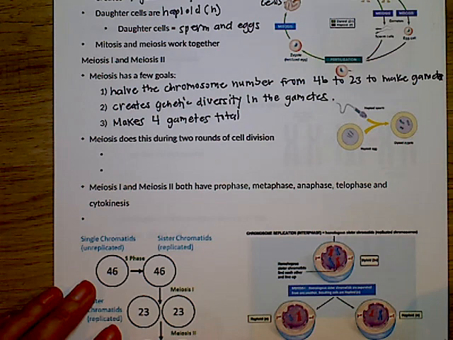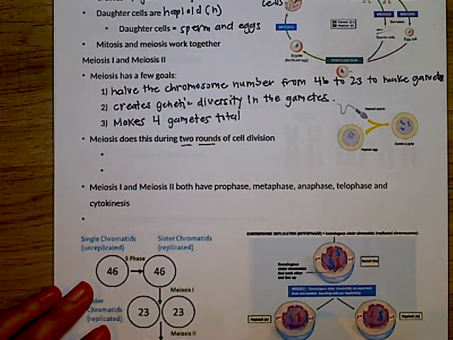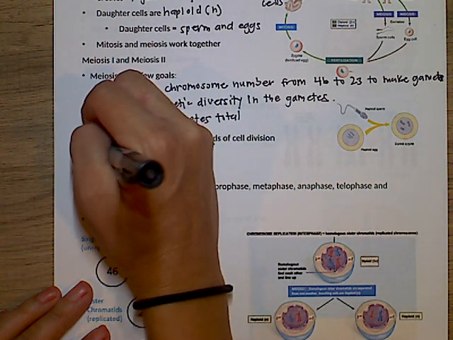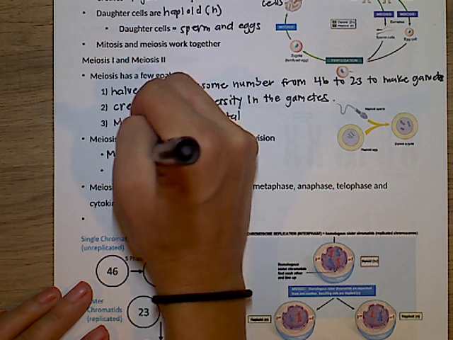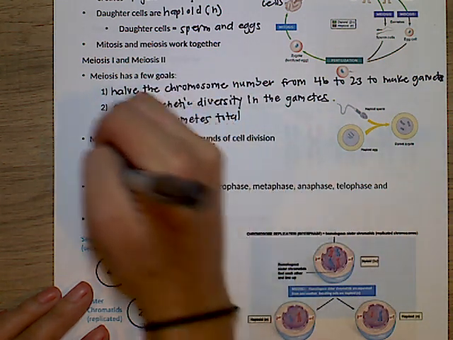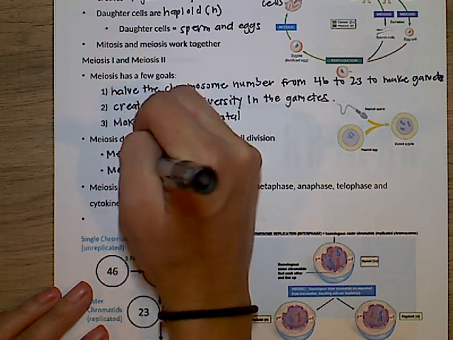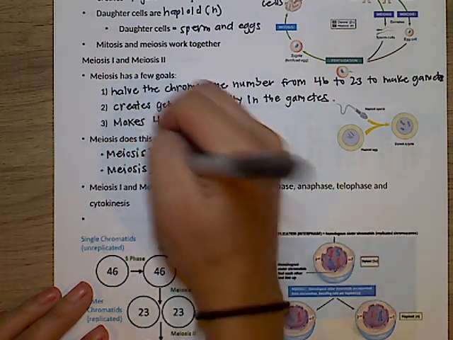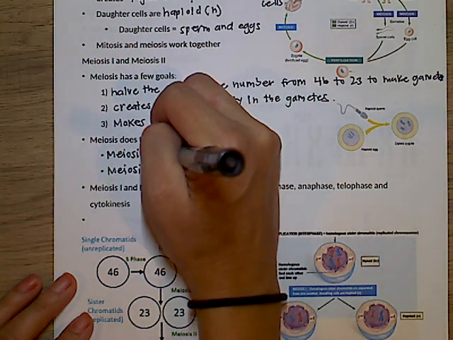So those two parts that we talked about, 2 rounds of division, are meiosis 1 and meiosis 2. So during meiosis 1, this is where we have the chromosome number.